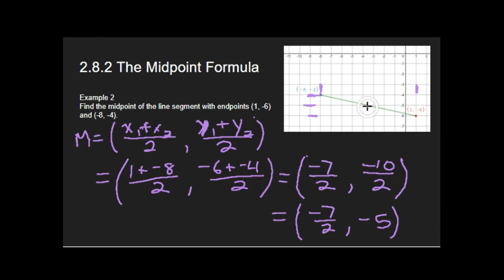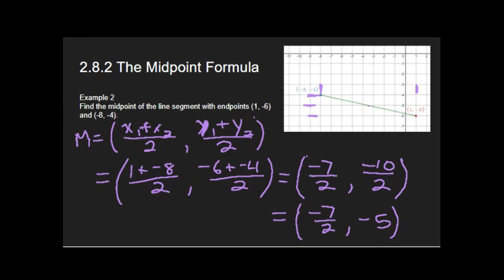And if you look, that is exactly what we came up with when we did it graphically. Always reduce your fractions. You can leave it as negative 7 halves. You could turn it into a decimal, negative 4.5, but might as well just leave it as a fraction if that's what you start with.